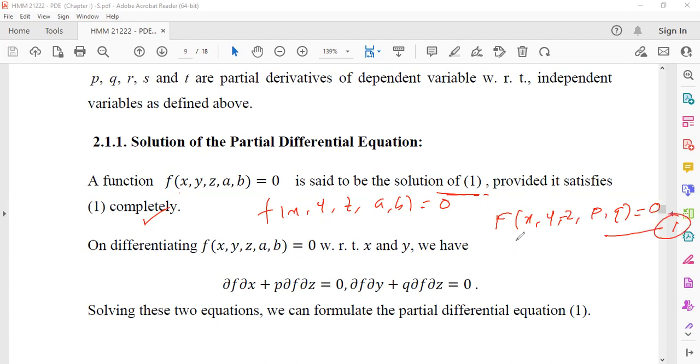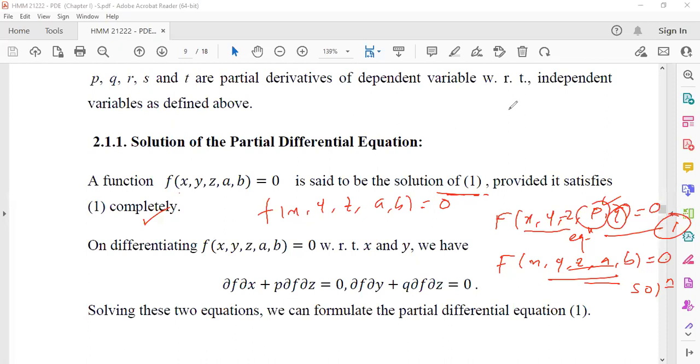When you see the example, you will understand. So this is the equation, and this is the solution. What they mean is my solution is in the form of this one, where the derivatives have been solved out.